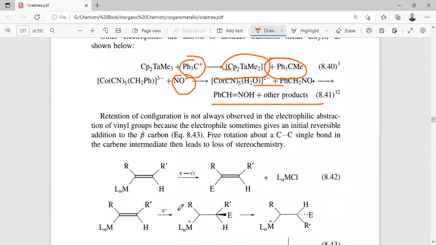So here this is a metal alkene intermediate where the electrophilic attack is on the metal carbon, the metal alkyl bond, to form this intermediate.